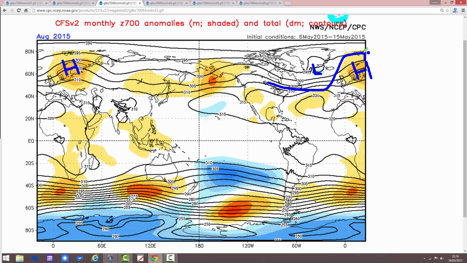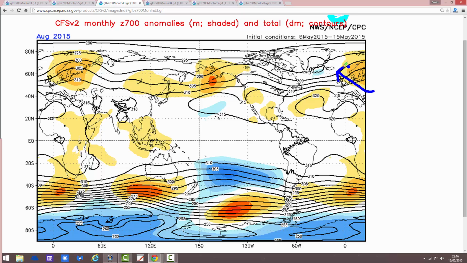So August on this particular CFS 6 months look ahead is probably holding the greatest chance of getting some warmer weather, and maybe even some quite hot weather at times, because with the above average heights sitting over Scandinavia, we could possibly start to think about dragging up southeasterly or maybe even southerly influences.